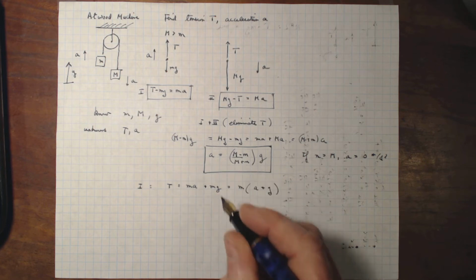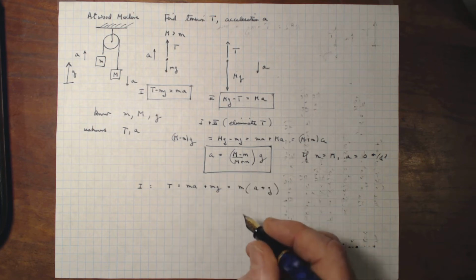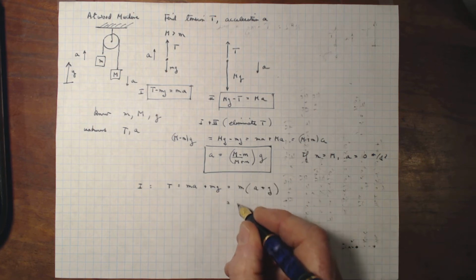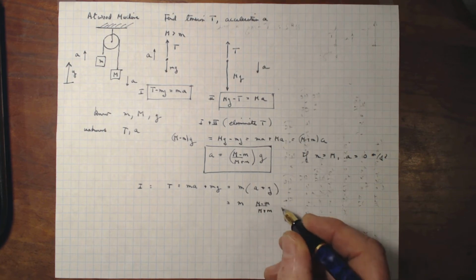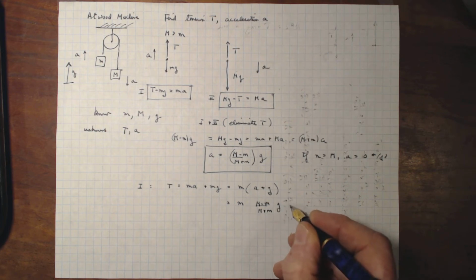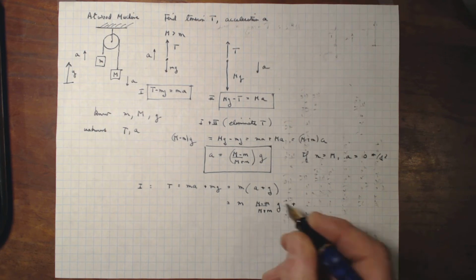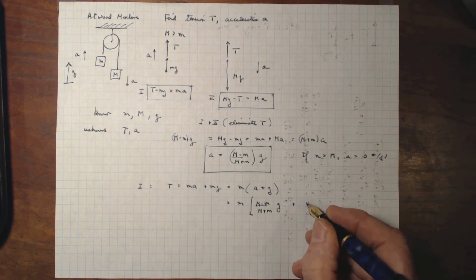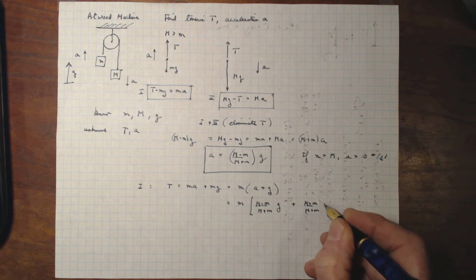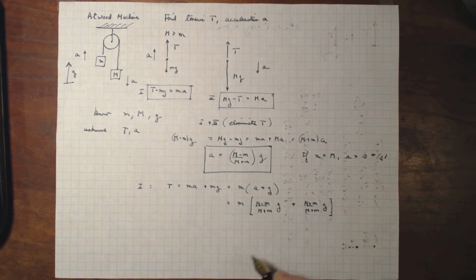But a is equal to that, and so that's equal to little m times big M minus little m over big M plus little m times g plus g. Okay, so I'm going to rewrite g as big M plus little m over big M plus little m times g, so I get a common denominator there.